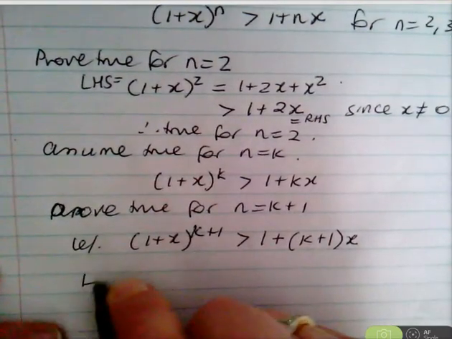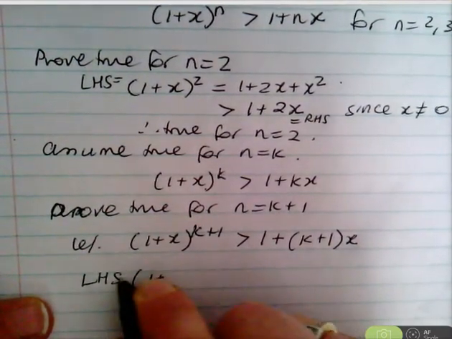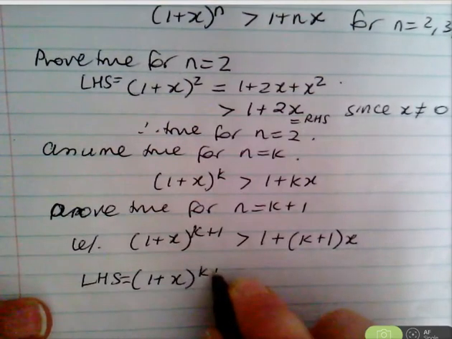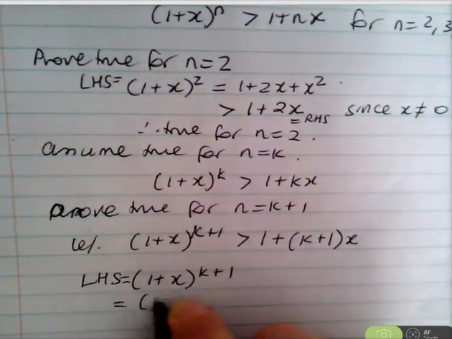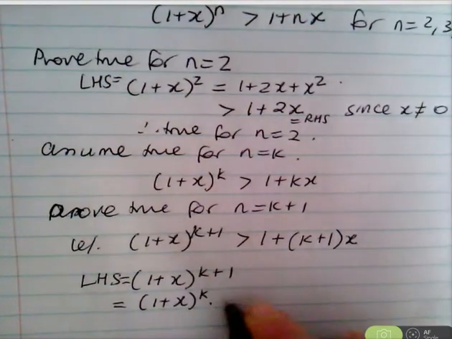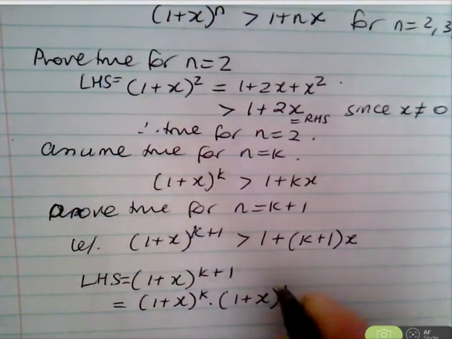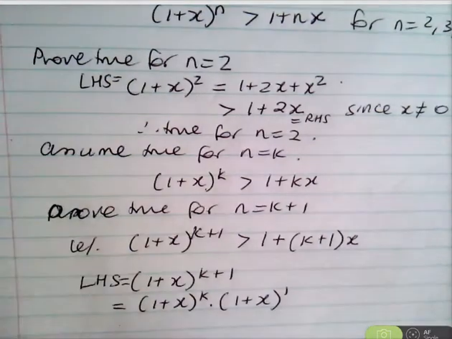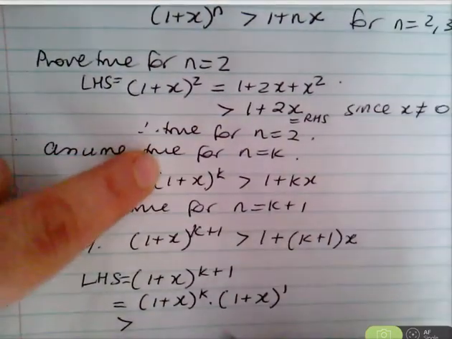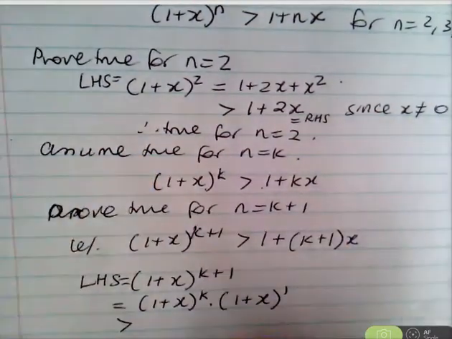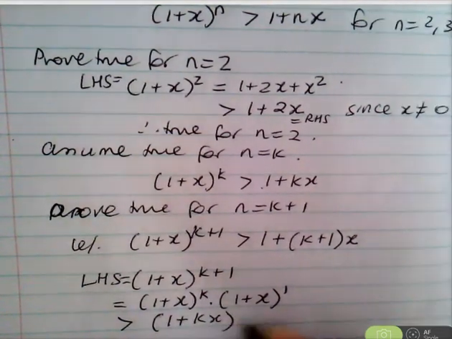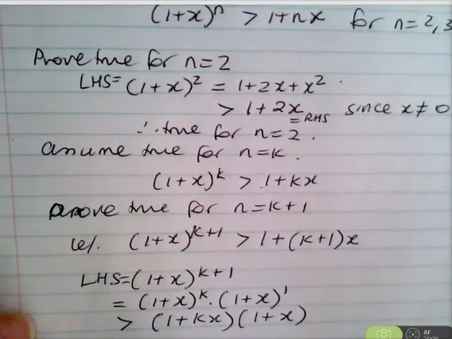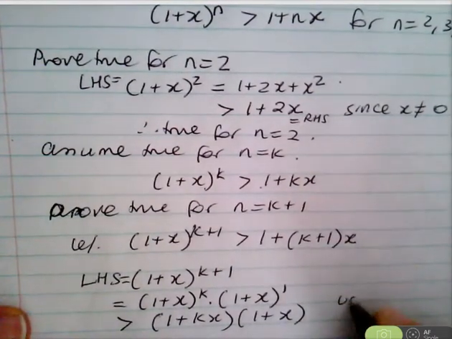Starting with our left-hand side, 1 plus x to the power of k plus 1 is equal to 1 plus x to the k times 1 plus x to the power of 1, which is greater than 1 plus kx times 1 plus x. This is using the assumption.